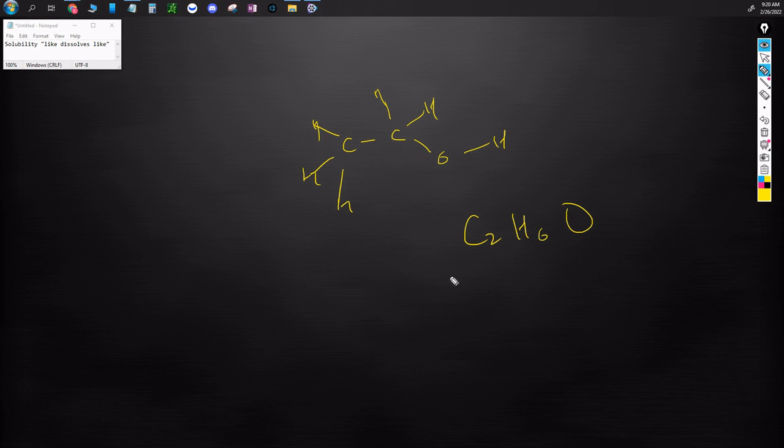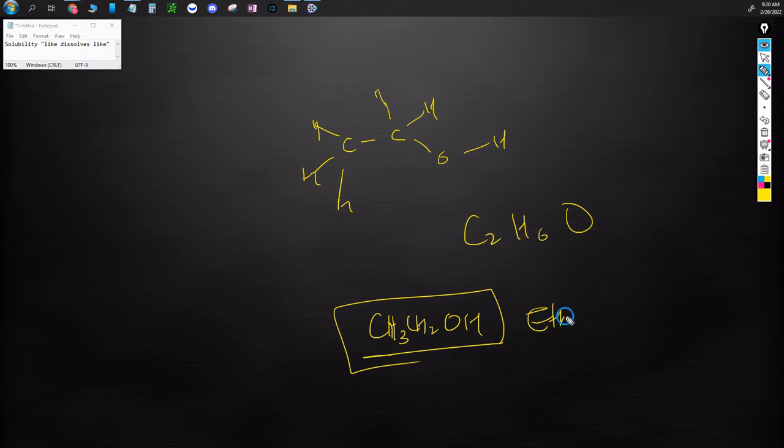But an easier way to write it is CH3CH2OH. This is ethanol, basically the base part of the alcohol. So let's look at this one.